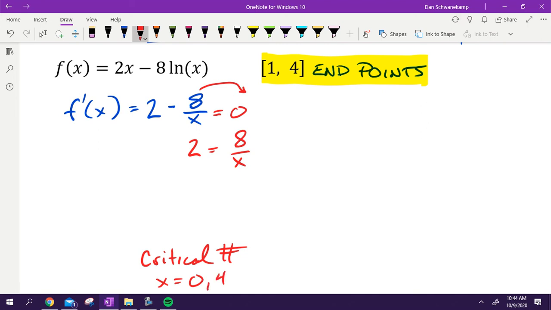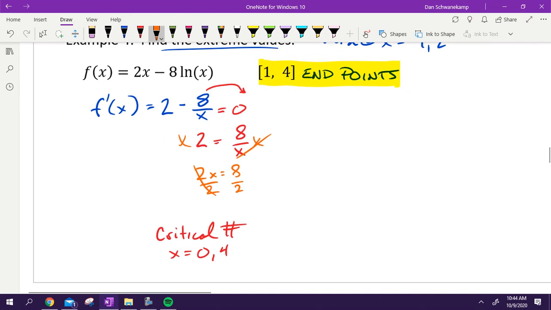The missing number is 4. You could get into fancy solving, like we could multiply both sides by x, and then 2x is equal to 8, and then divide by 2, divide by 2. x is 4. Okay? But these are my critical numbers, no matter how you got them. These are my critical numbers, 0 and 4. Yes, sir? Yeah, because if I plugged in 0 for x, it's 0 in the denominator. That makes it undefined.